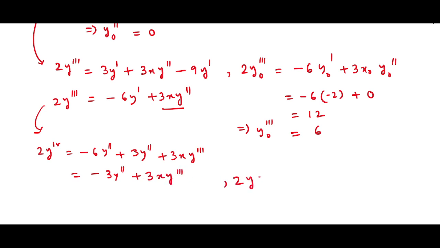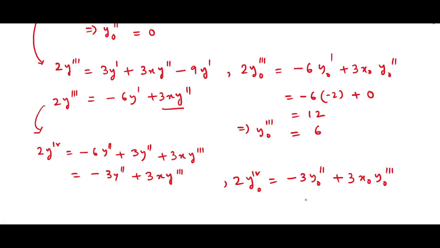So now let us find y naught to the power 4. So how much will it be? 3y naught double dash plus 3x naught y naught triple dash.